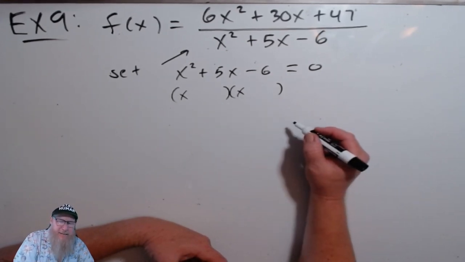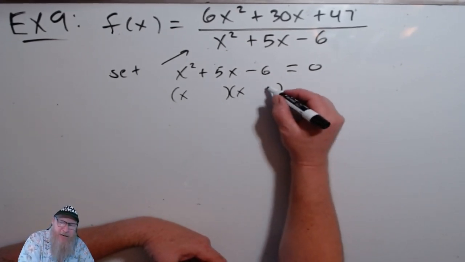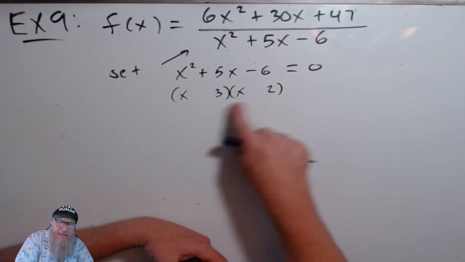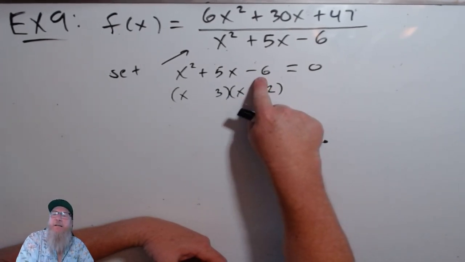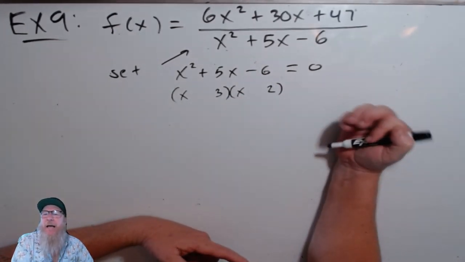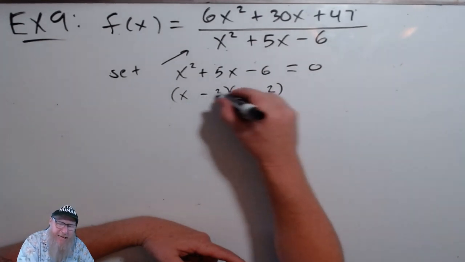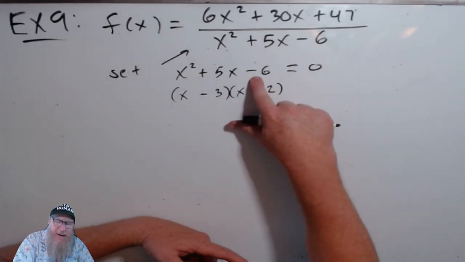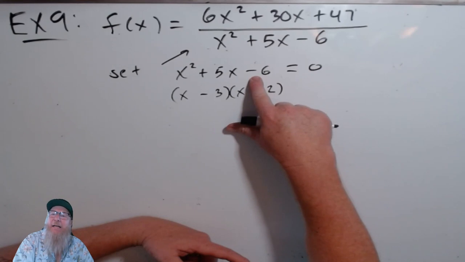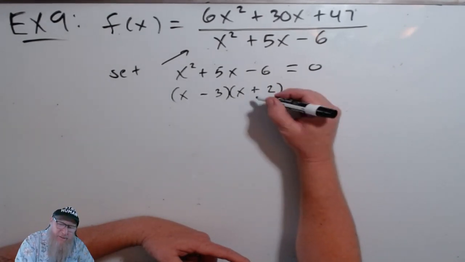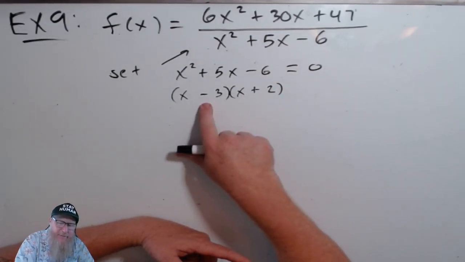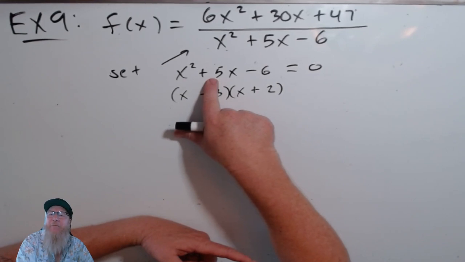So I've got x times x. Let's try 2 and 3 to make 6. I've got that same issue we had last time. If they're both negative, then they don't make a negative 6. If one of them's negative and one of them's positive, then they don't make a 5.